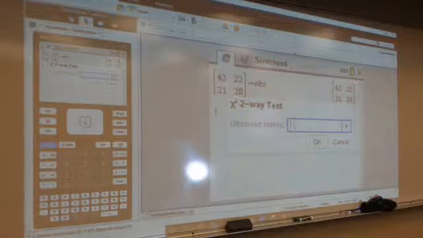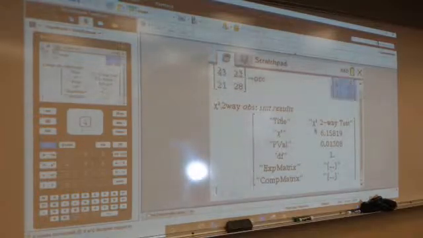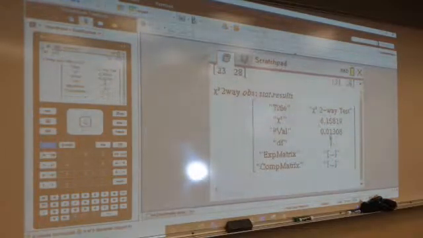We have our matrix, there it is, observed. We hit OK, and boom, it did all the calculations. We got our degrees of freedom, our p-value, and our chi-squared value, and we make our conclusion from there.